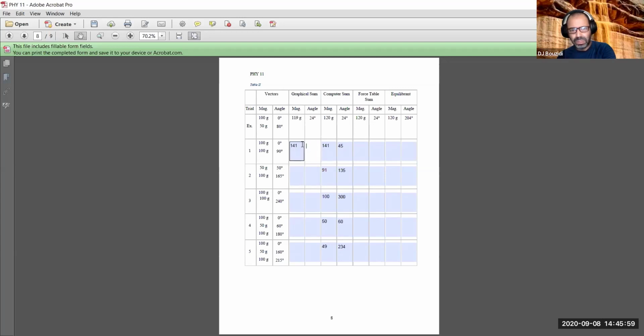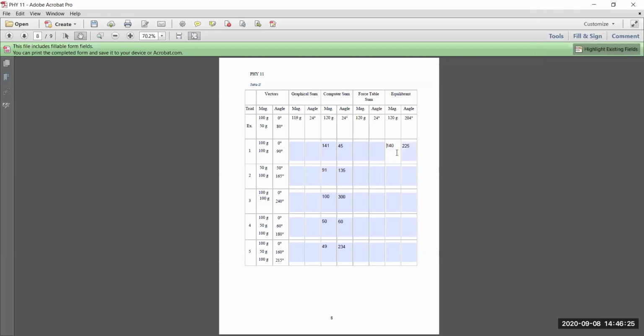This is how the table should look by now. Now we're going to fill in the magnitude from here. The resultant is 141, so I cannot do 141; I will try 140. This is a try, not necessarily correct. Add 180 to 45, so it's going to be 225 degrees, the opposite.